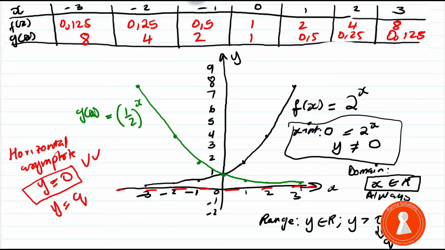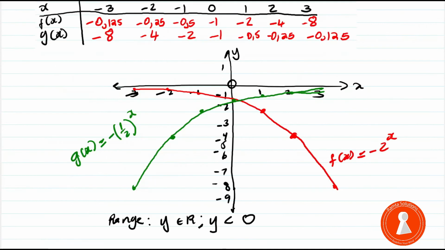Now, let's go back. Still here, horizontal asymptote, we're still going to say y is equal to 0. Because I used red, the horizontal asymptote is here.